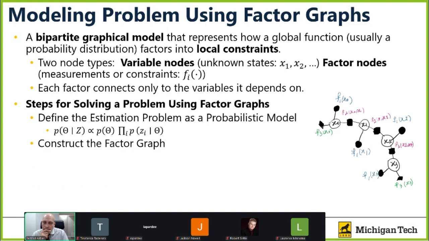The second part is to construct the factor graph. Constructing the factor graph means designing this picture. You need to see what the states are, what the factors are, and how the relationship between factors and states works.